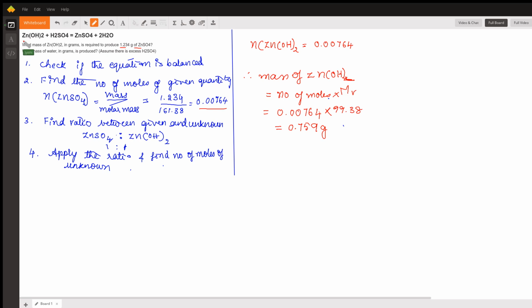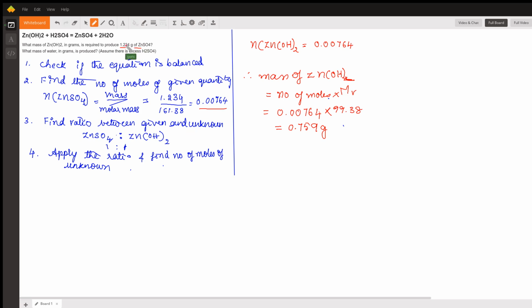No matter how much of a substance you take, zinc hydroxide and sulfuric acid will react in the ratio 1:1 because they're in a balanced equation. It's showing you that 1 mole of zinc hydroxide will react with 1 mole of sulfuric acid. So this is what we will base our answer on.